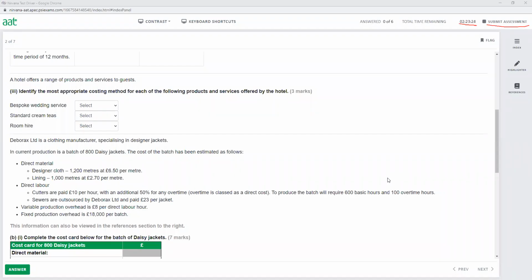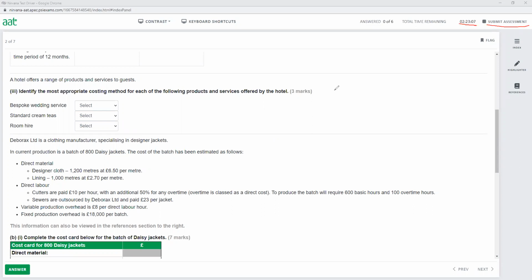The next question we have here is about the costing method. Now, the costing method is a little bit tricky, so let's explain a little bit. You have different types of costing methods.